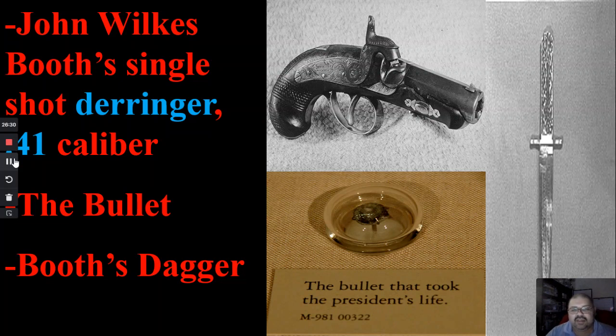Okay. The dagger that Booth used to cut Major Rathbone is right there, and the bullet was taken out of Lincoln after he died, and you can see how it mushroomed. Remember, bullets tend to be like this, and once they hit the body, they mushroom out like that and expand.